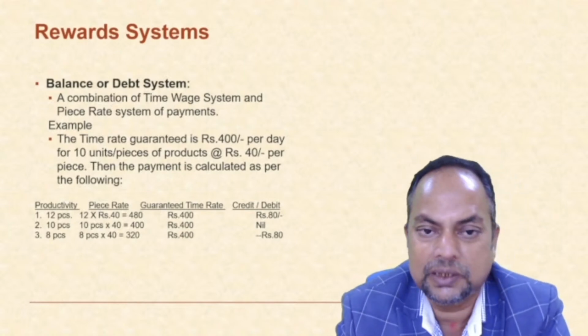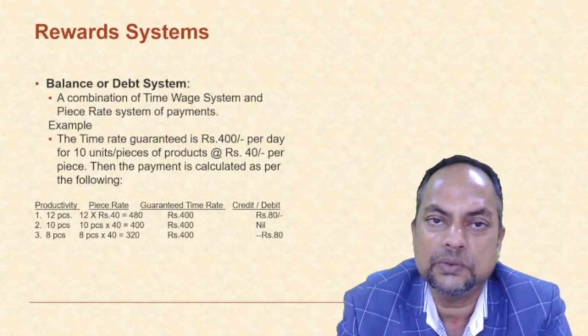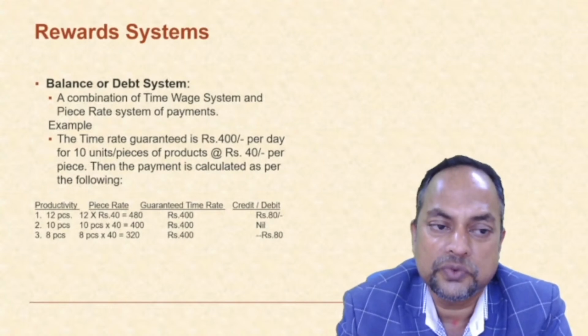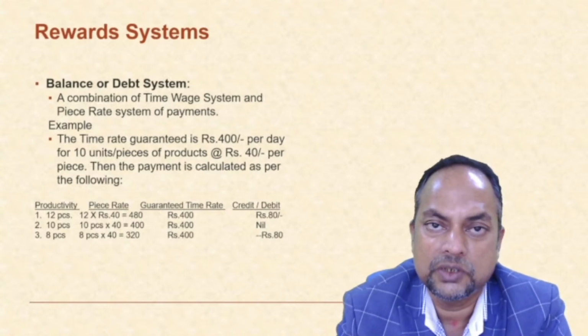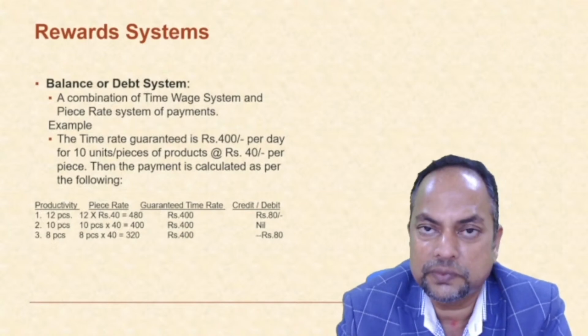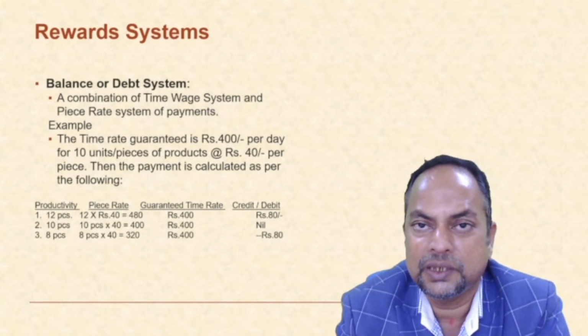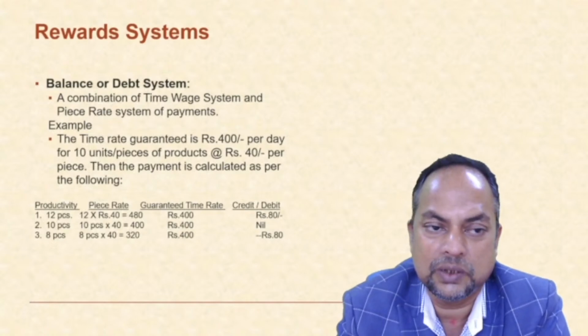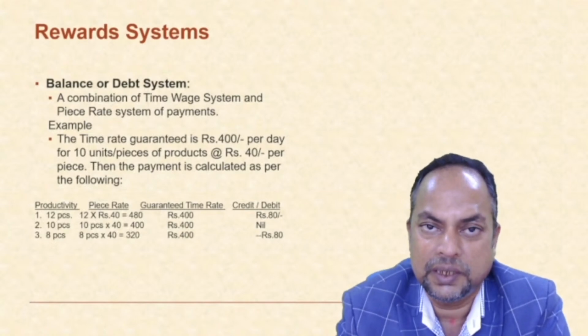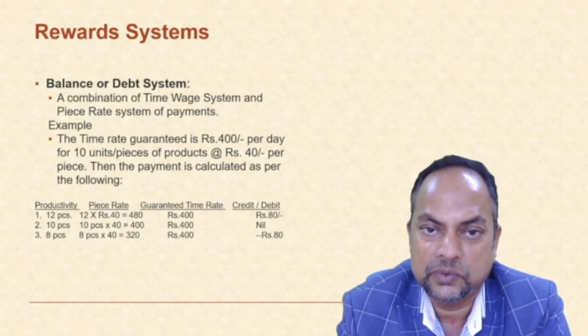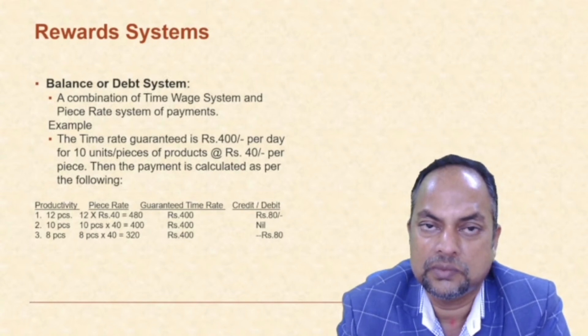So that makes it rupees 40 per unit of production. 10 units can be produced in a day, and we are giving the worker 400 per day. So the production of each unit will make the worker liable for a payment of rupees 40.